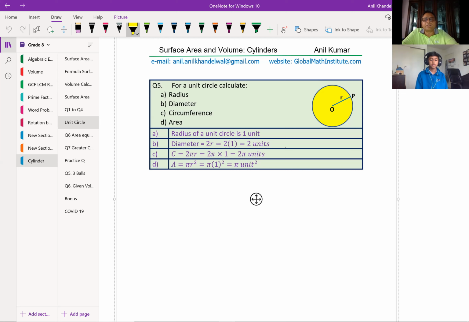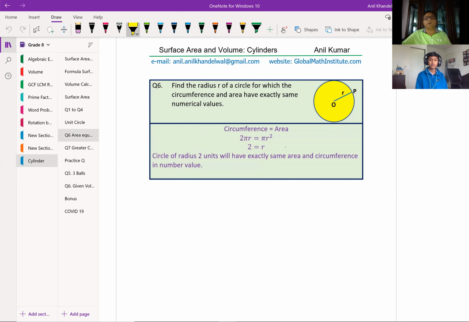Now the question is very simple. Radius is 1, diameter is twice, and circumference is how much? 2 pi r, so it's 2 pi. Yeah, and the area is just pi. Is that clear to you? Yes. Very simple. The only term is unit circle means radius of 1 unit.